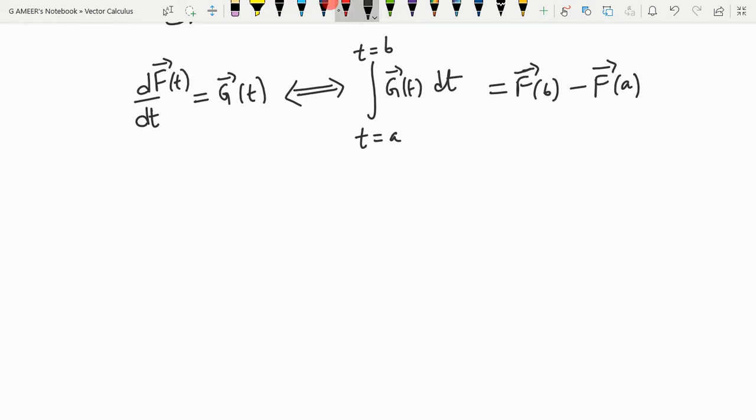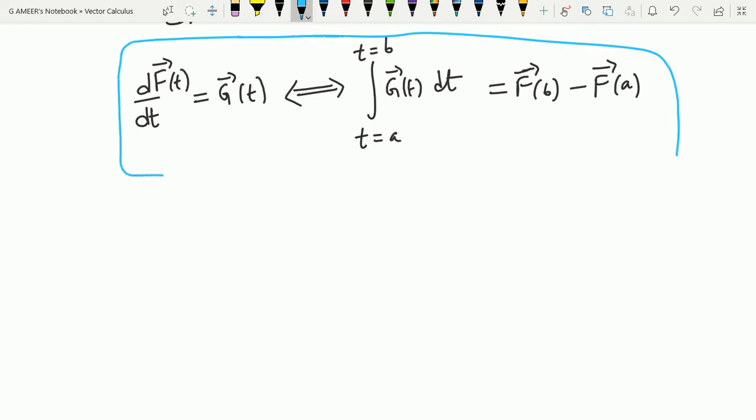You need to remember this important result.